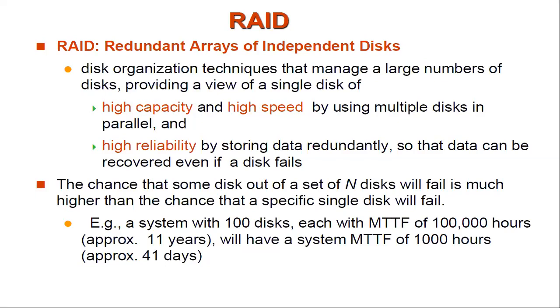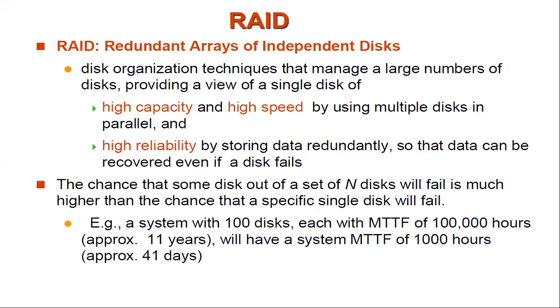Similar to this, when you arrange the disks in a serial fashion, one by one, next to next, without any break or discontinuity, then you can call it an array. So the array of independent disks means the hard disks are arranged in sequential order.